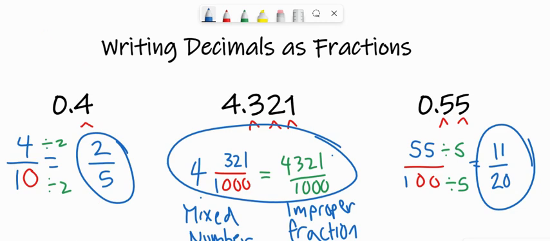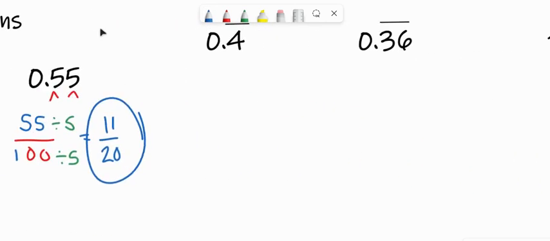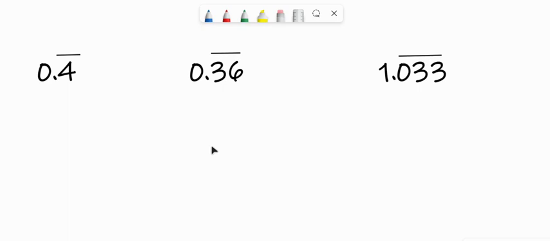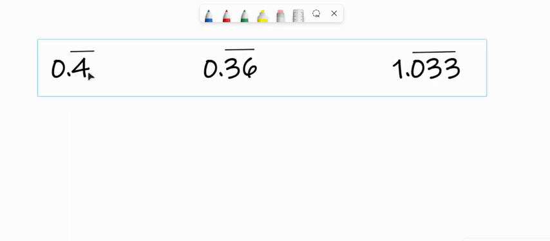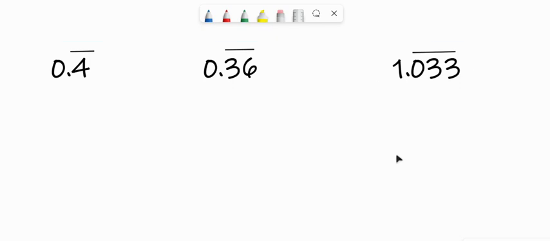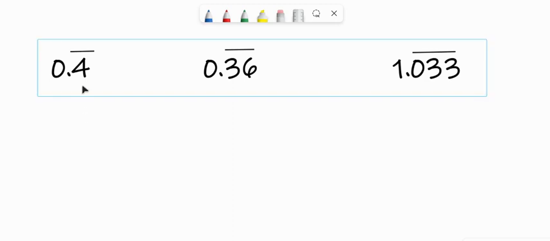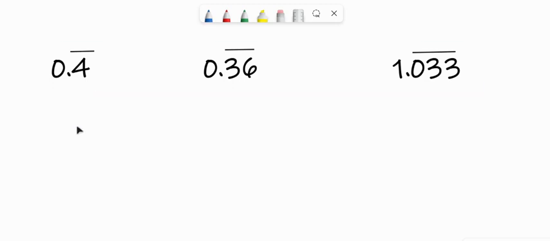Now let's look at repeating decimals that go on forever. So now we have 3 examples of repeating decimals: 0.4 repeating, 0.36 repeating, and 1.033 repeating. Similar to the terminating decimals, the only difference here is I'm going to count how many numbers are repeating.